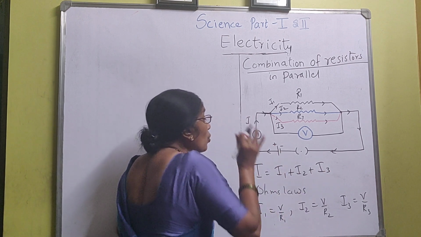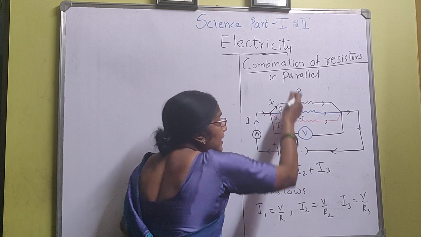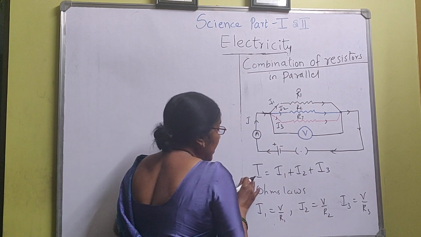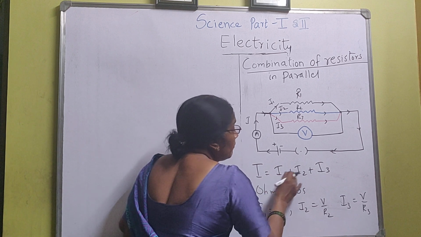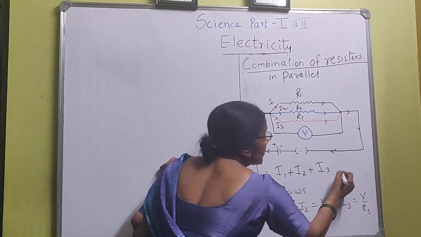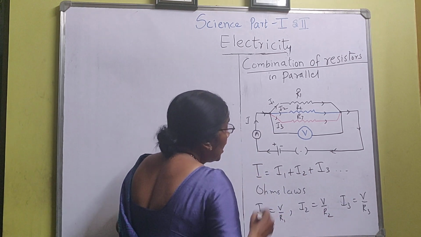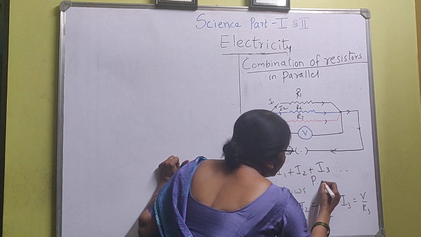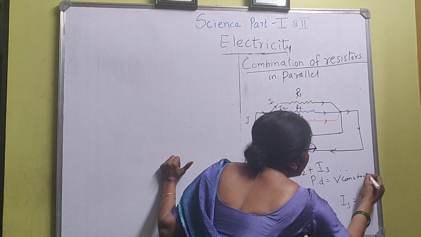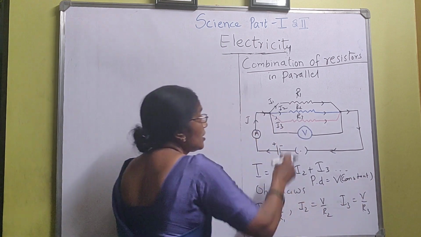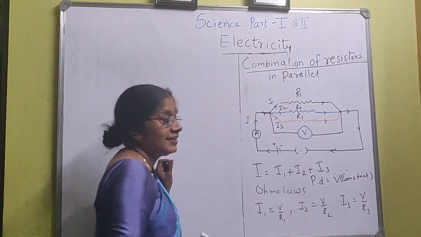So the total current flowing in these three resistors, which we take as I, is given as I1 plus I2 plus I3. And we take the potential difference to be constant. Let the potential difference be V, which is constant for all three resistors.